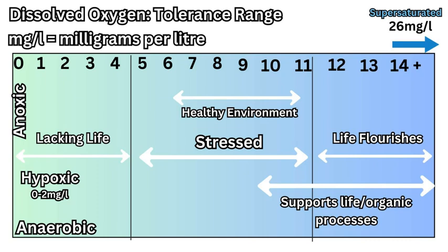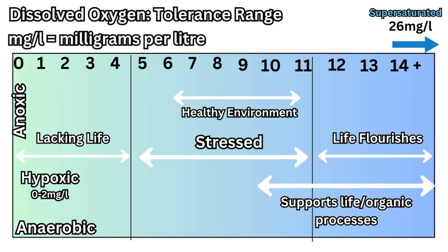So you have this range from 0, which is termed anoxic, which means the lack of oxygen. Then you have a hypoxic environment where you have a very small amount of dissolved oxygen between 0 and 2 milligrams per liter, and this is generally going to be an anaerobic environment where organisms have evolved to not rely on oxygen for their main source of energy and life.